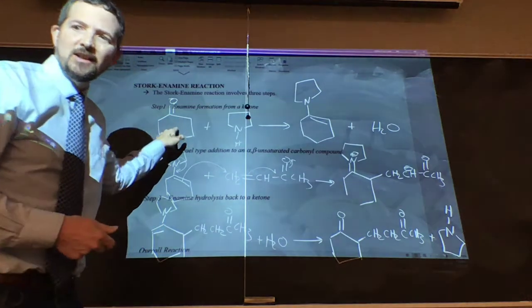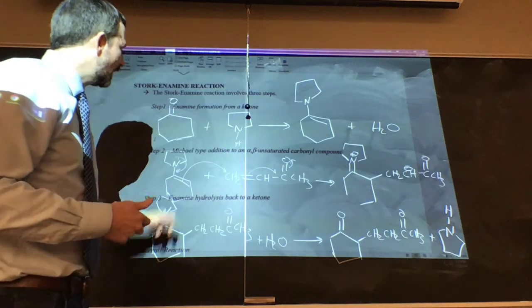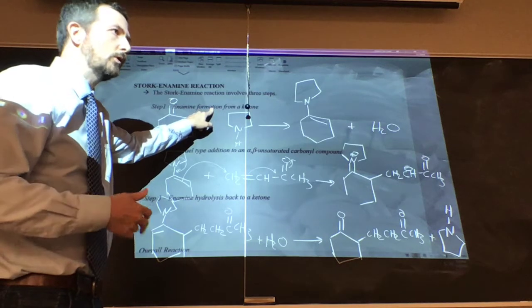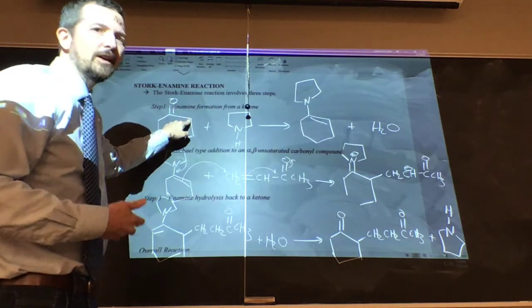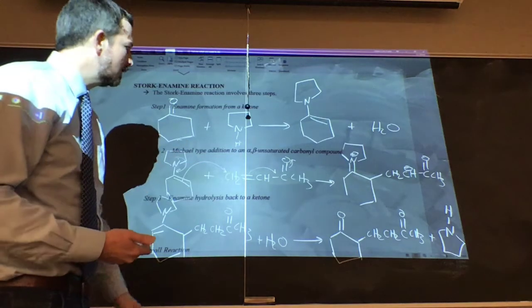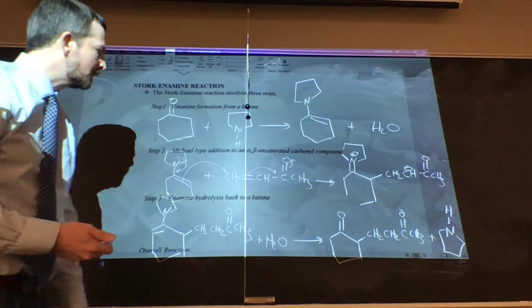So what makes this different than the normal Michael reaction? In the normal Michael reaction, we have a dicarbonyl compound, and we use a base to remove the alpha proton in between the two carbonyls. That adds to the beta position of my alpha beta unsaturated carbonyl compound.